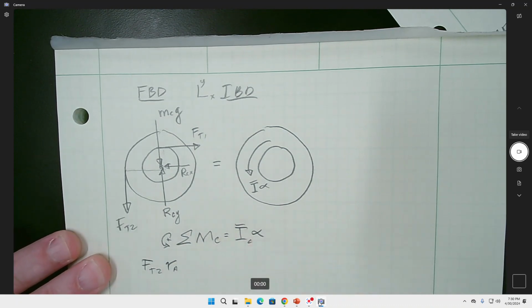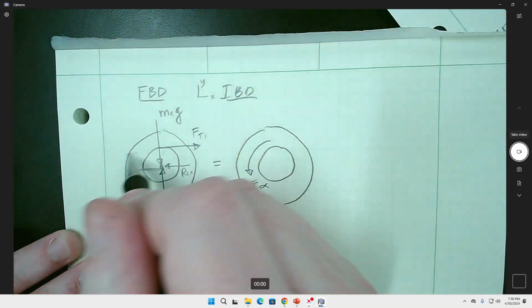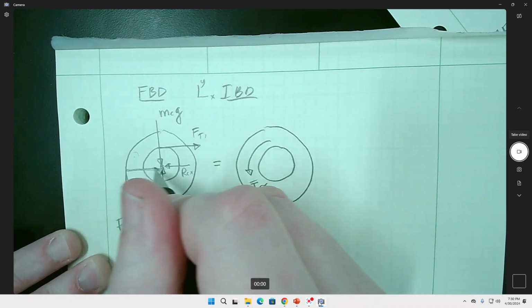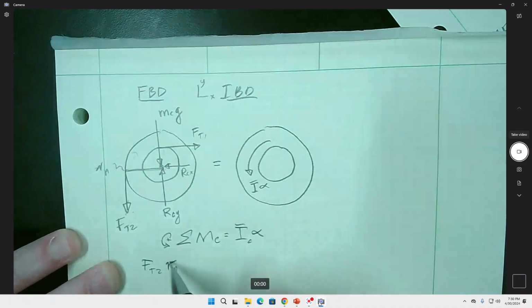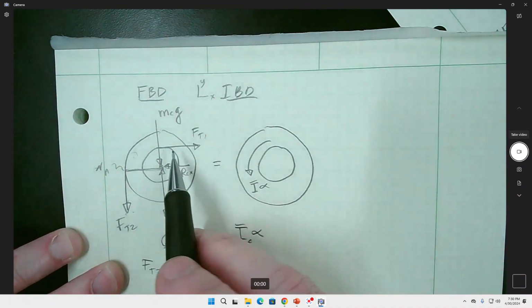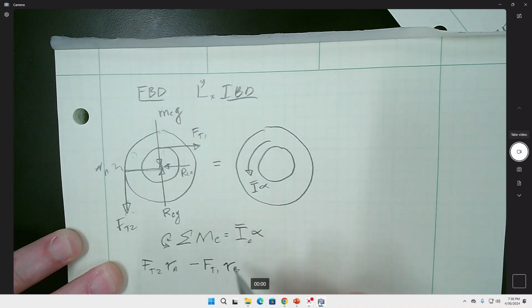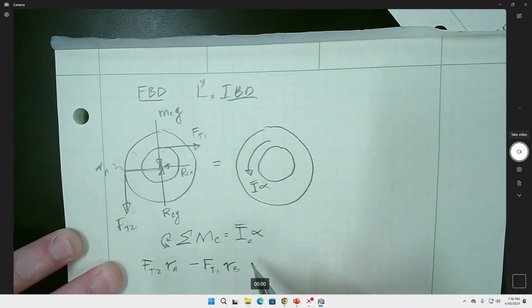We're going to say that this outer one is associated with this box A, so that's why that direction right there is RA. That's according to what I'm writing there, and it's counterclockwise. This one is clockwise, so it's going to be FT1 times R. We'll call it B because that's the box that's attached to this pulley.